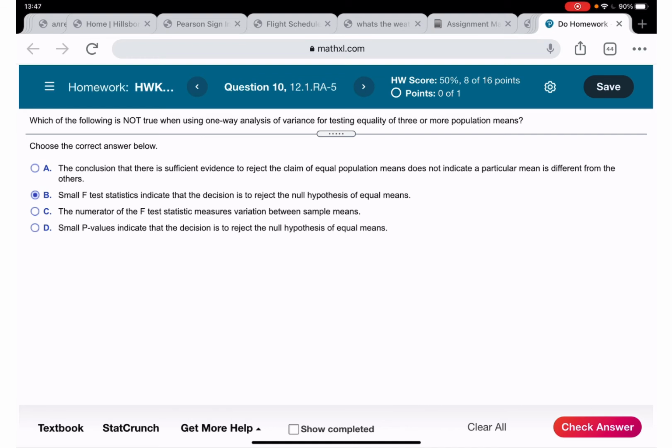That is true. And the small p-value indicates the decision is to reject the null hypothesis of equal means. True. The only case that is not true is the small F statistic. The F-test statistic does not indicate anything until you compare it to the critical value. And how to do that, watch the video and you will find out.